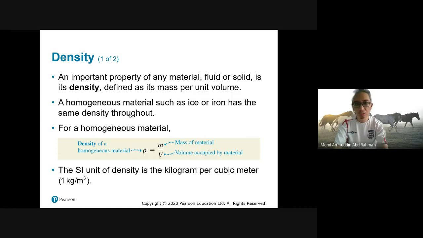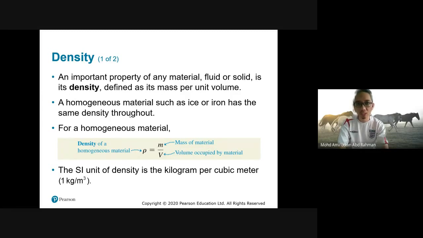Ice is made of water, but if the material is mixed, like you are making a chocolate ice, that is not a homogeneous material because it's mixed with chocolate and water. For homogeneous, it is just a pure material.